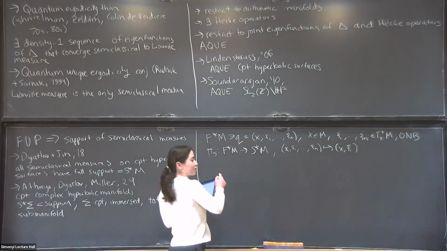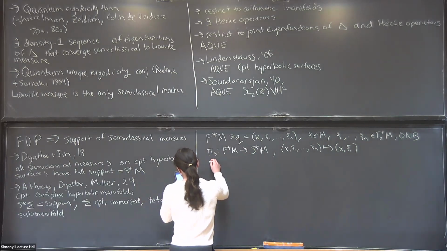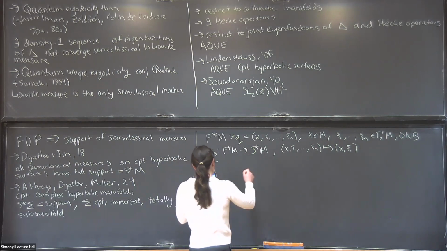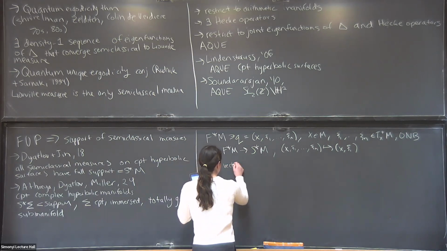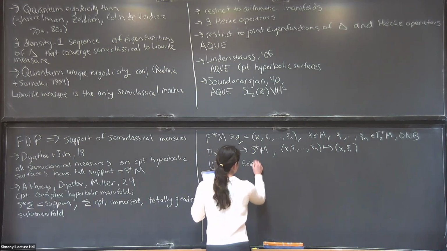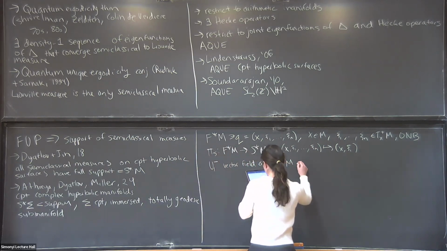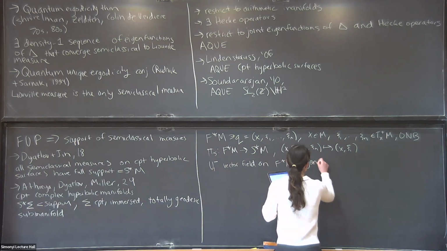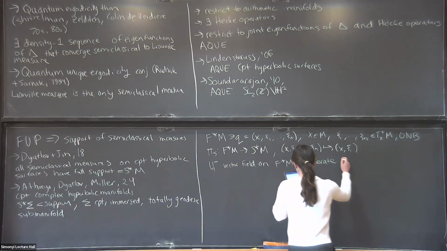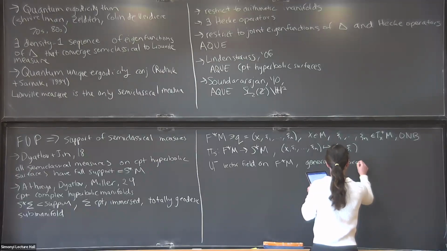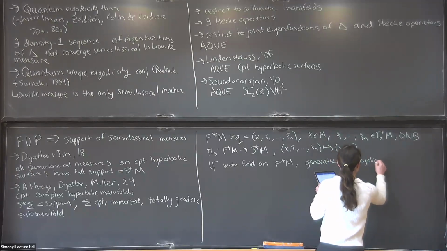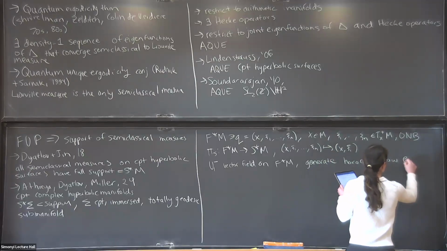Finally, this part I'm going to be a little vague about, but I'm going to let U1 minus be a vector field on the coframe bundle, and it will generate the cyclic flow.